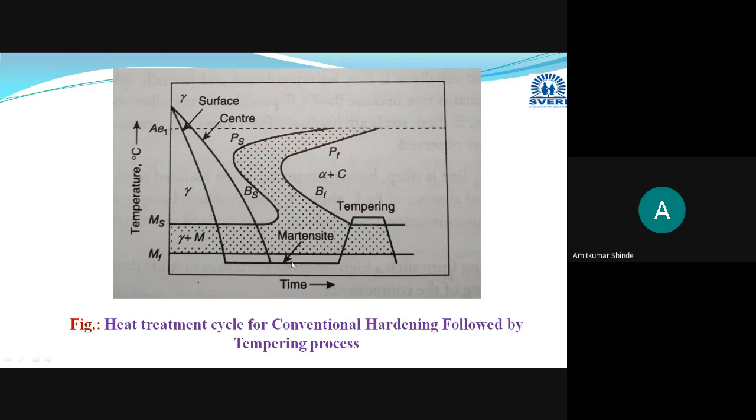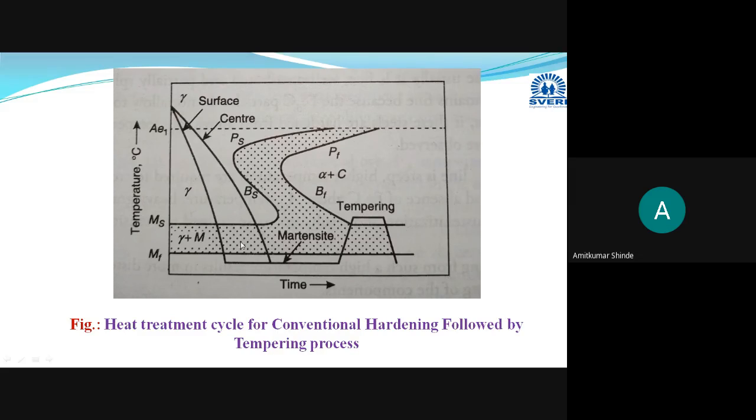Now here, during this conventional hardening process, we are getting the martensite from approximately 900 degrees Celsius heating temperature zone, and from that we directly dip the component in water, and the temperature falls to room temperature.